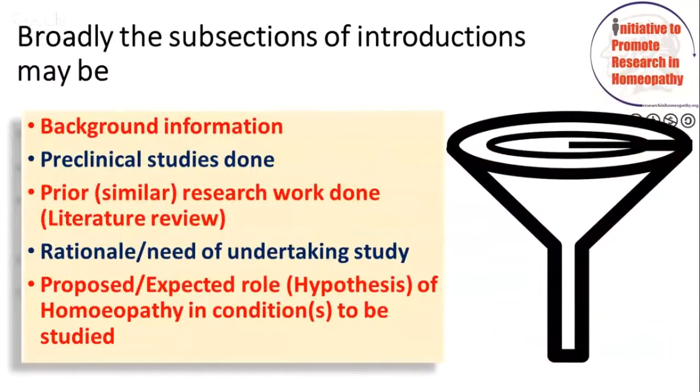You start with a broader thing, that is background information. Whatever studies have been done, the preclinical studies, the prior research work done in this area, the rationale or the need of undertaking a study, and the proposed or expected role of homeopathy in such condition. So this is a funnel. From broad, you are narrowing down to this thing.